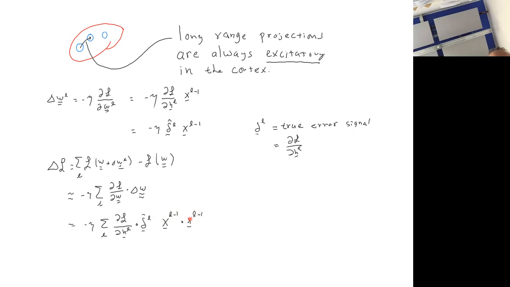So really what we want to know is, can we find an approximate sort of error term that makes this positive? If this is positive, then the loss is going to decrease on every trial. Okay?